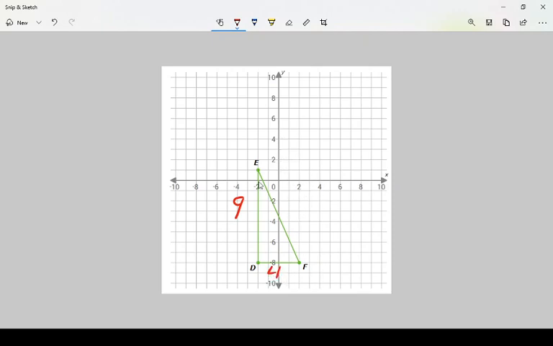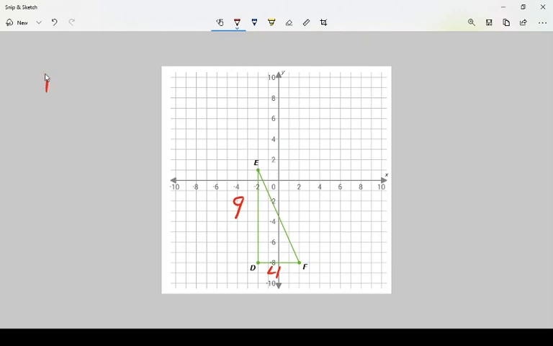Now the problem is we have our hypotenuse left, sort of this slanted side, and because it is not straight up and down or vertical, and it is not straight left and right or horizontal like the other two sides, we cannot simply just count from E to F to figure out the length. So there's really two ways to figure out the length.